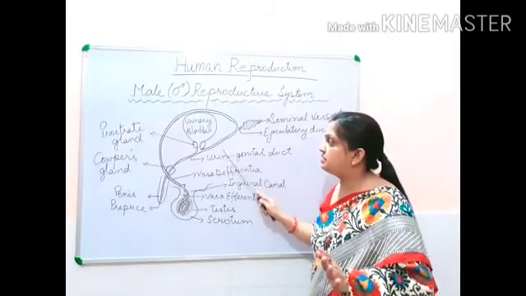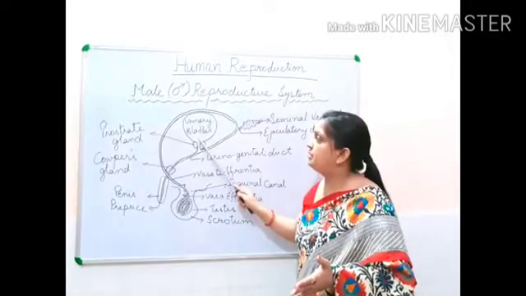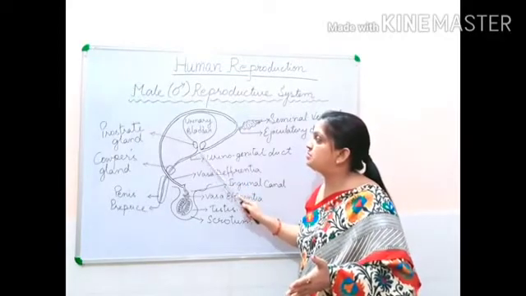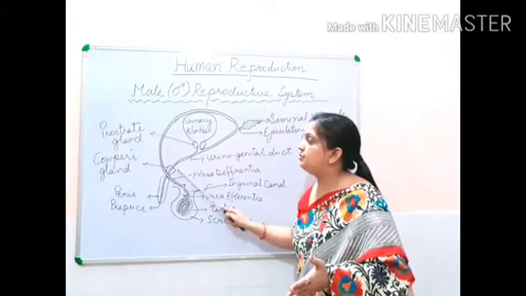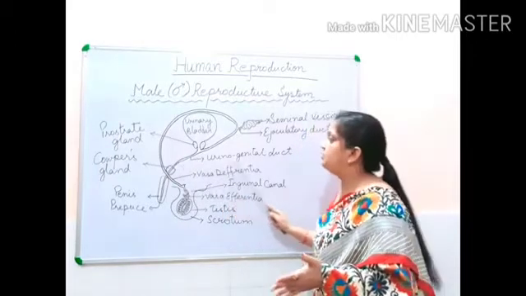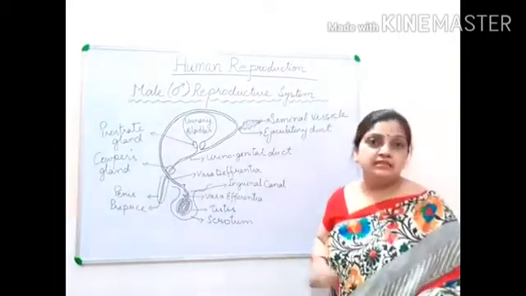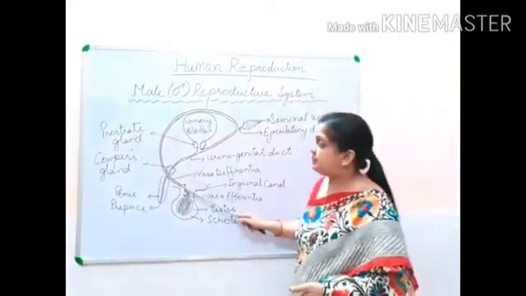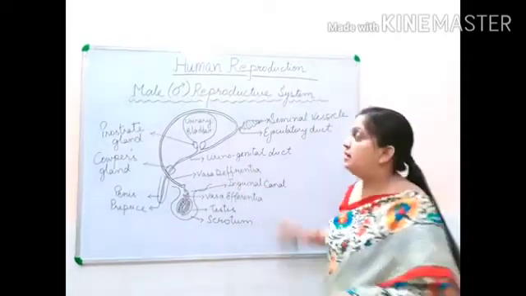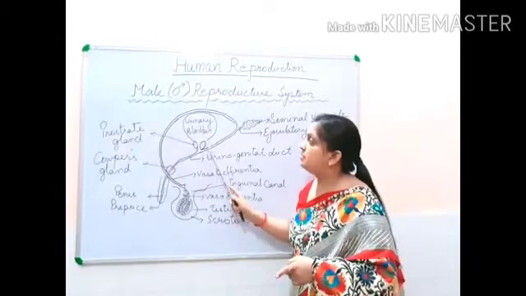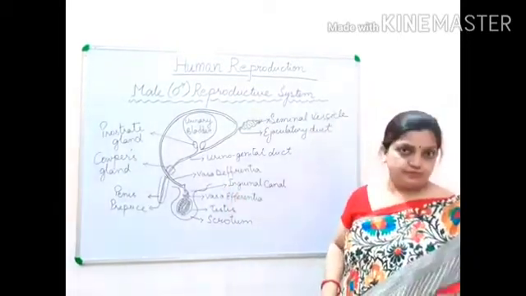Now this duct is moving down, and a pipe, the urethra, from the urinary bladder is opening into this pipe, and from here this pipe is called the urinogenital duct. Why is it called the urinogenital duct? Because this part from the vas deferens was a genital part, whereas the urinary bladder is a part where urine is stored.